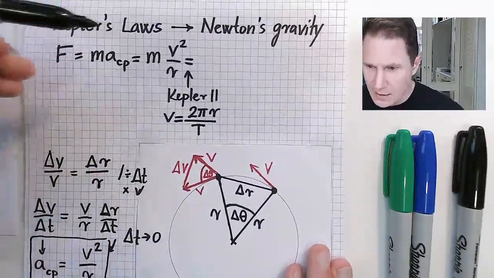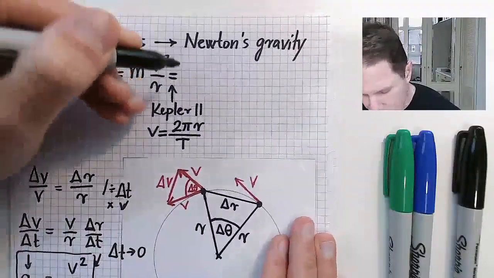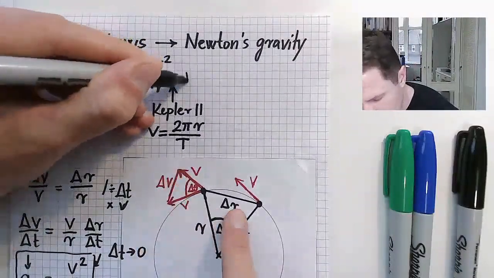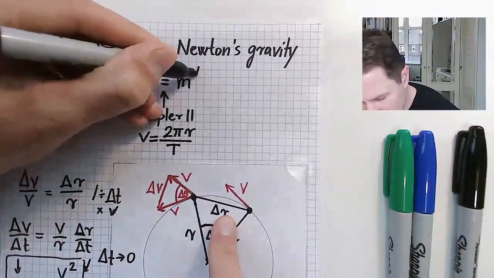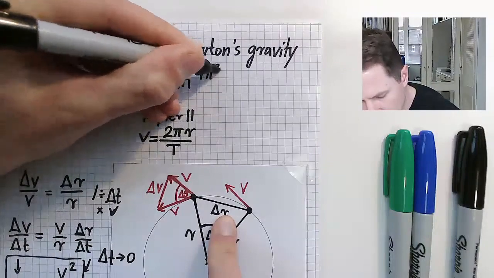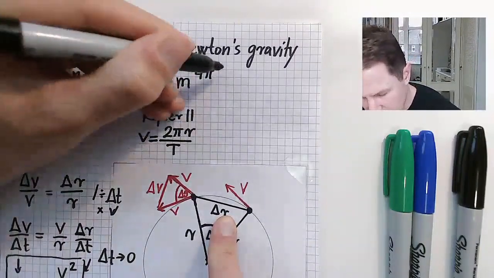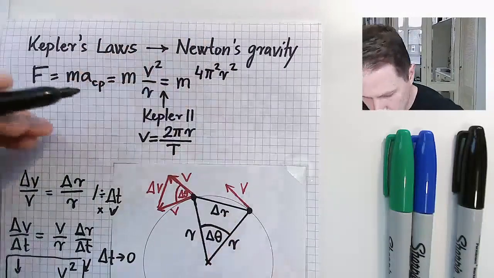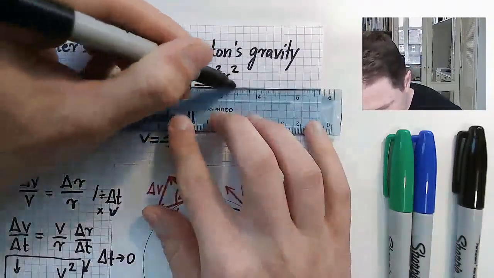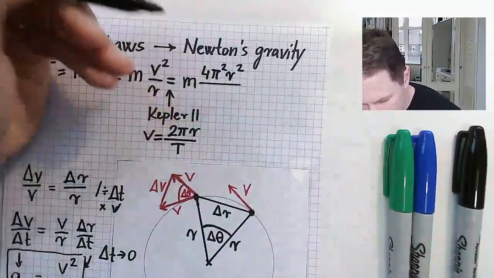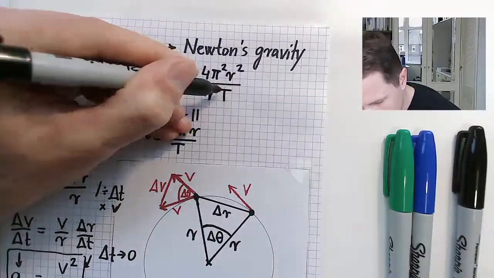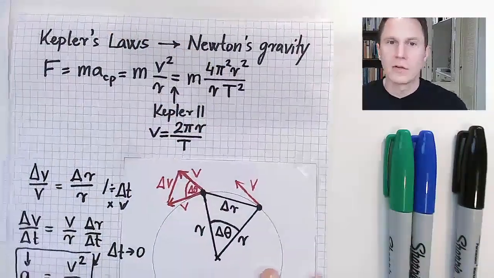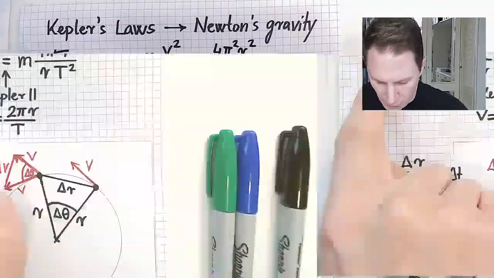Now I can square this and write the following. If I square v, I get m times 4 pi squared times r squared over r times t squared. Okay, so this is what I got for the force.